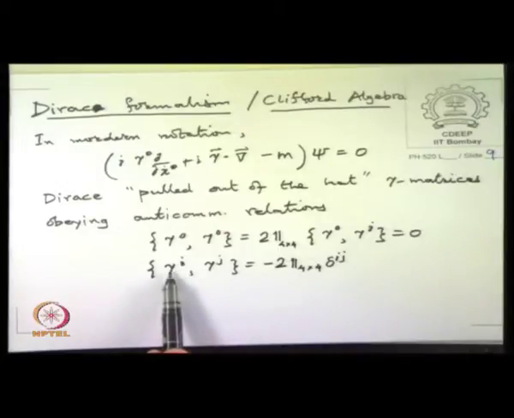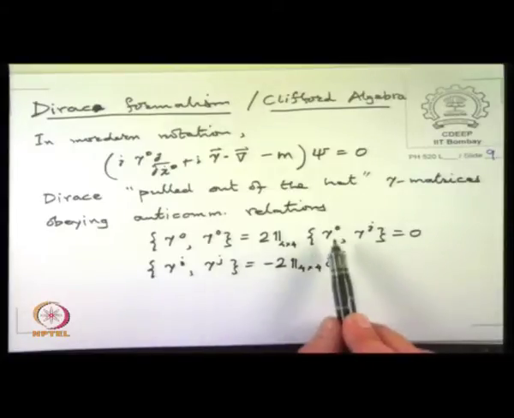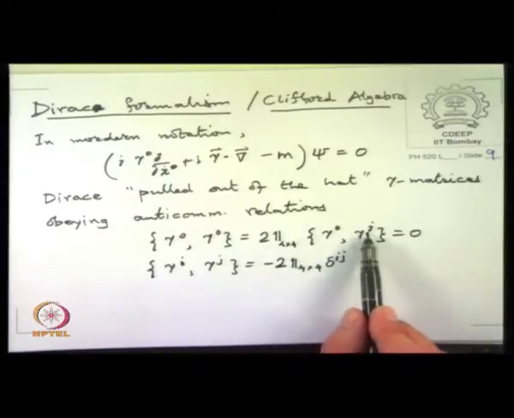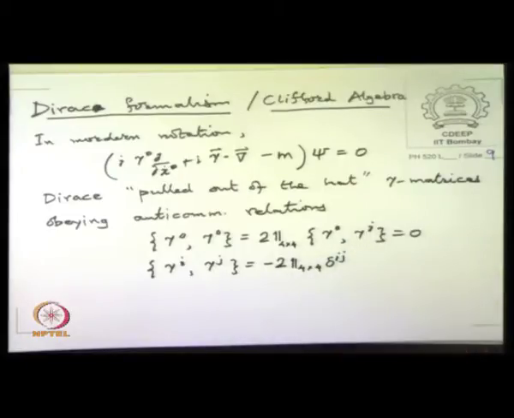And if you take gamma i with gamma j, so gamma 1 gamma 2 plus gamma 2 gamma 1 will be 0. Similarly, gamma 0 gamma 1 plus gamma 1 gamma 0 will be 0.